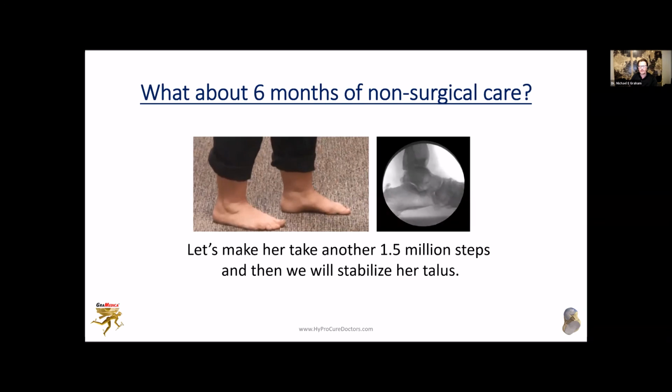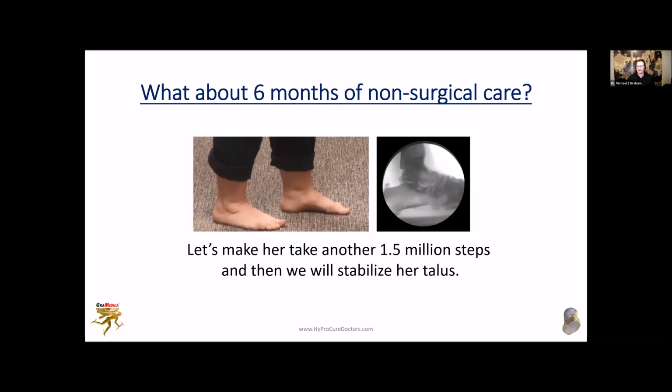So why can't we perform a conservative surgical procedure where we insert HyProCure that is proven to decrease the force of the tendon to allow it to heal before we have to go on to more aggressive surgery? The other thing that's so great about the HyProCure option is that we don't have the compliance issues that have been published with conservative care.